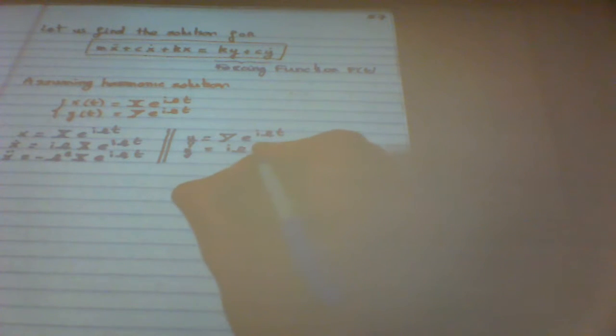And if we do it for y, y will be equal to capital Y e to the i omega t. Y dot is equal to i omega Y e to the i omega t.